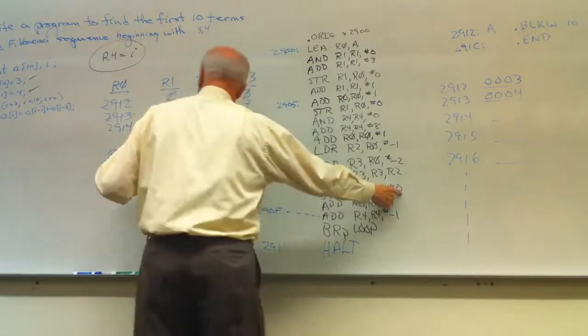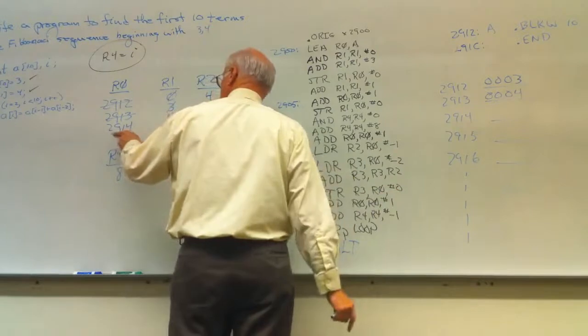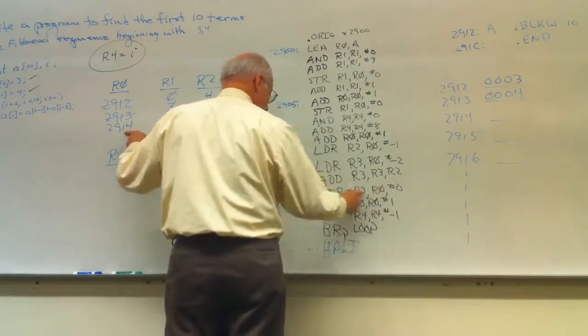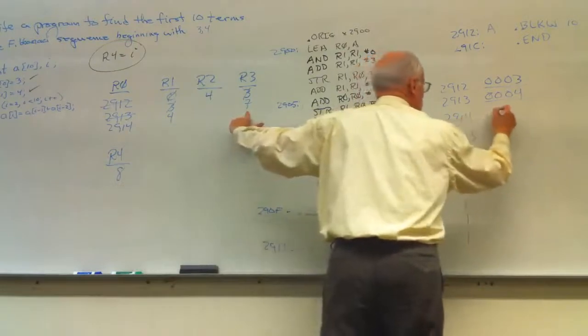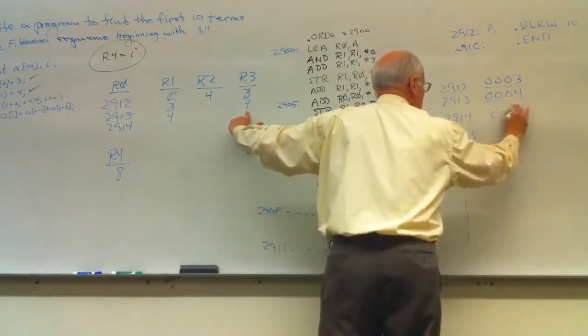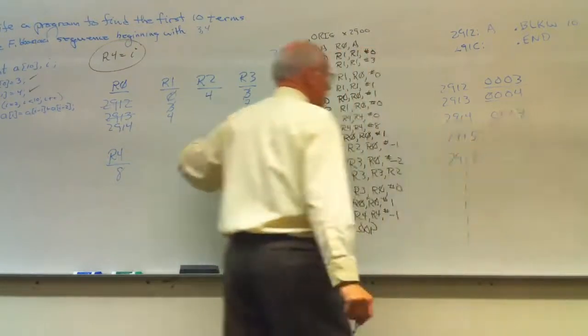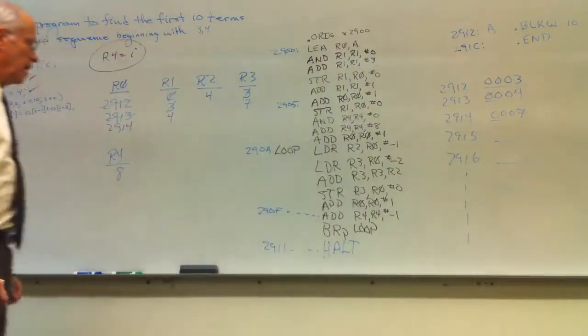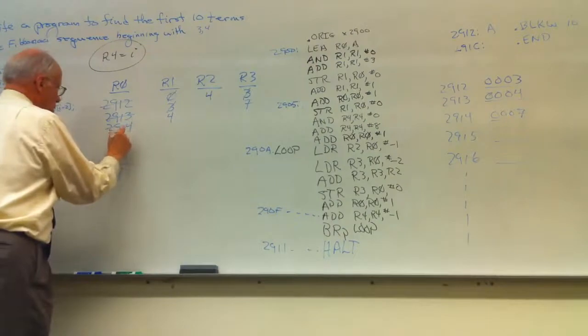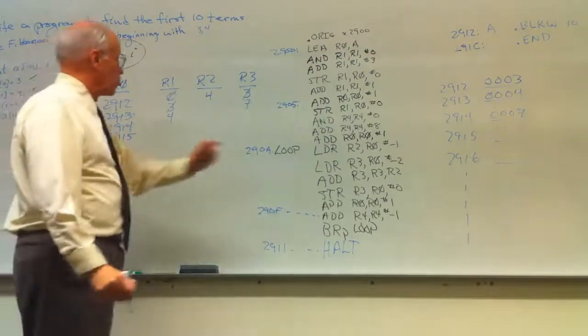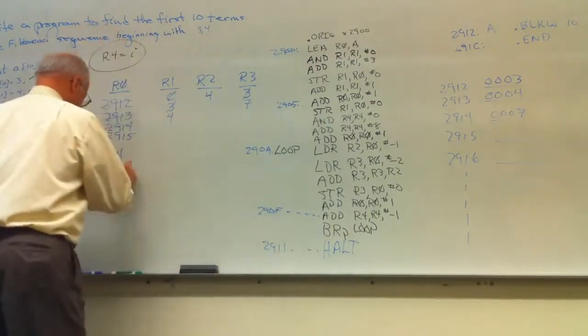Store, it adds a 0 onto register 0, which leaves me with 2914, and I copy register 3 into that location, 7, not 9. Add 1 onto register 0, subtract 1 from register 4.